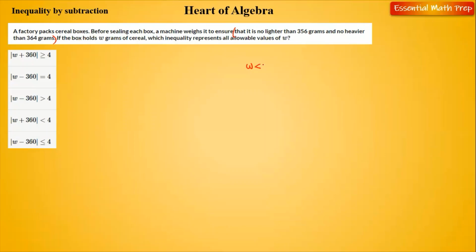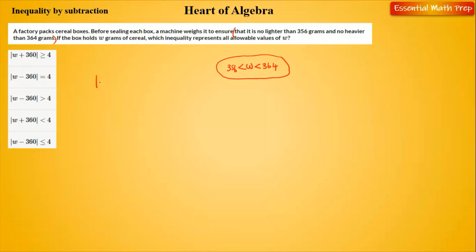In other words, W is less than 364 and it is greater than 356, right? It cannot be lighter than 356 grams. It cannot be greater than 364 grams. So which one of these choices gives you this expression is the correct answer? You have to use the question to derive the expression, and you have to use the answer choices to figure out which choice would be able to provide this expression. I have done this problem just moments before I started recording this video, so I know.